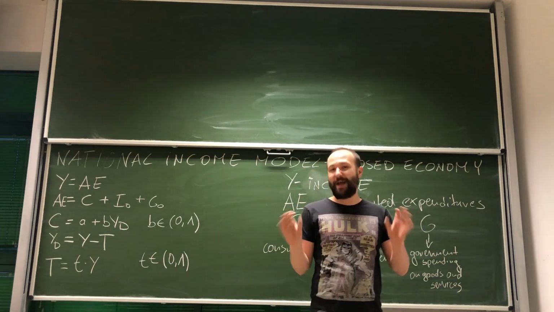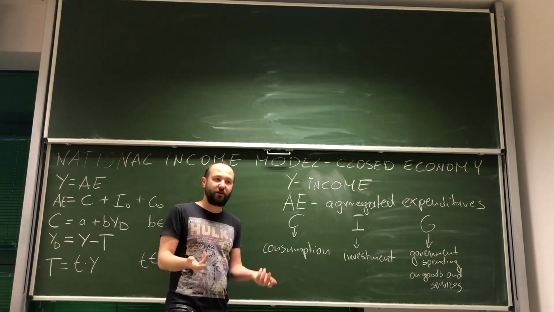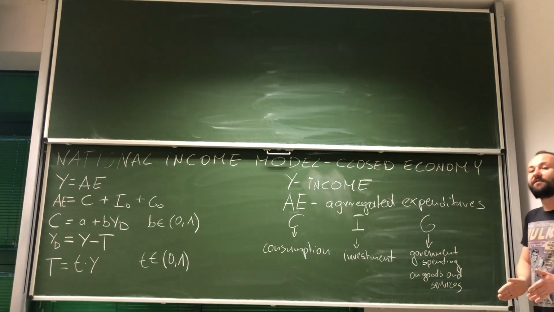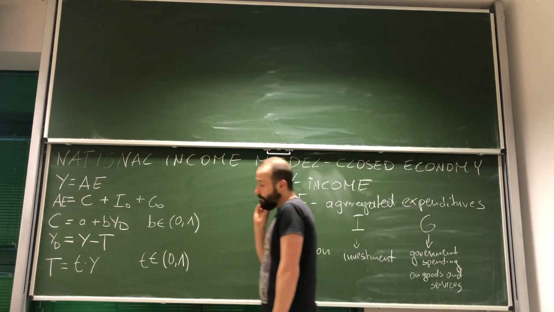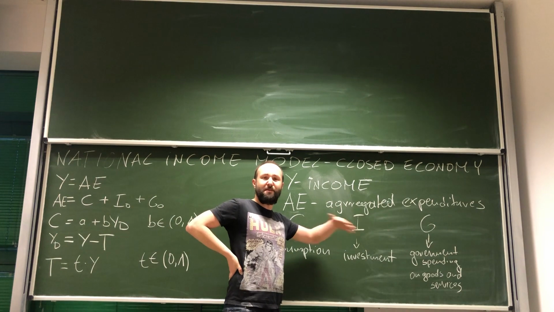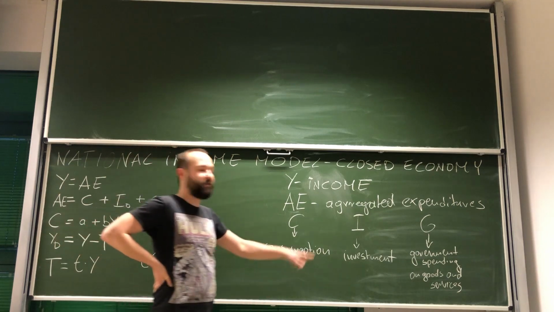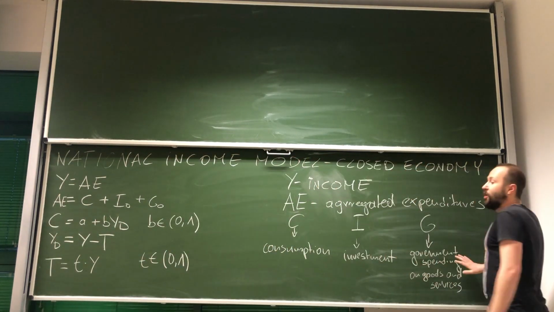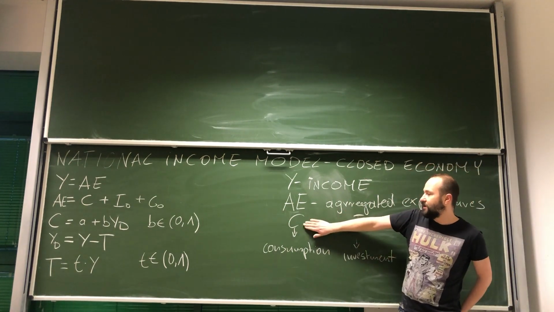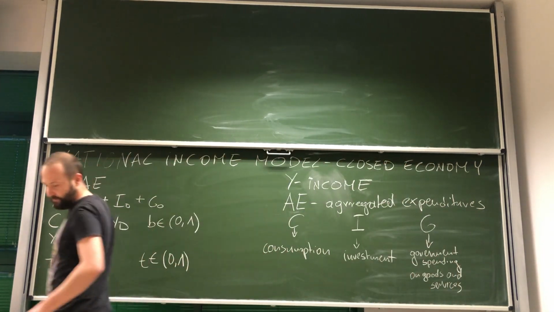So when government pays people for some reason that we decided is important, like unemployment benefits, we cannot count the money received by the unemployed in aggregated expenditures, because even though the money is spent, there is no good or service resulting from this spending. Of course, this money will get to households and they spend it on consumption. So as you see, this spending is actually already included over here.